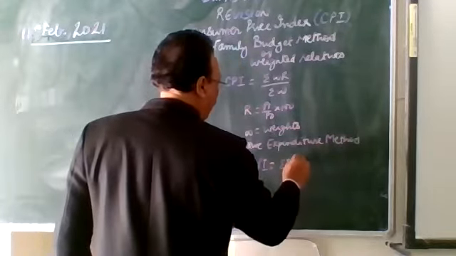Now, what does Laspeyres do? He took the base year quantity as a weight. Base year quantity is Q0. Remember one thing, children: when we come to quantity, Q0 is the base year's quantity and Q1 is the current year quantity. Similarly, for price, P0 is the base year price and P1 is the current year price.